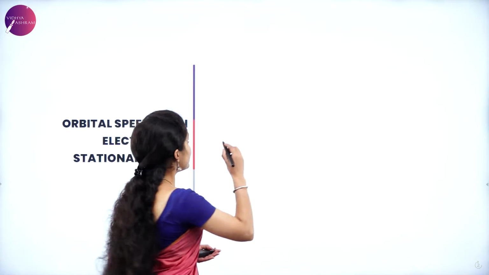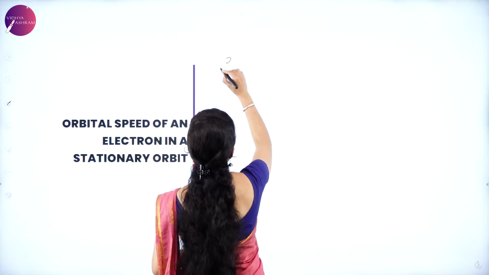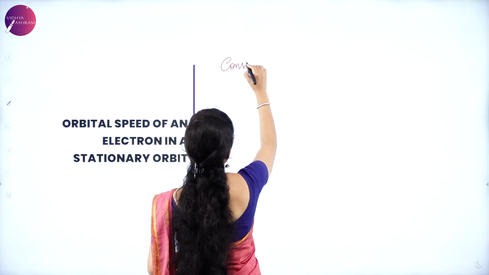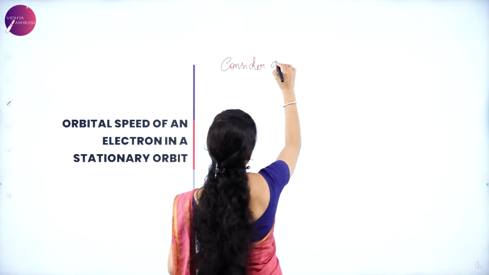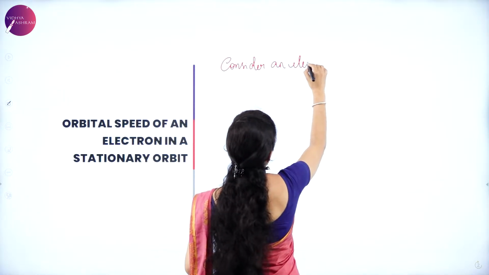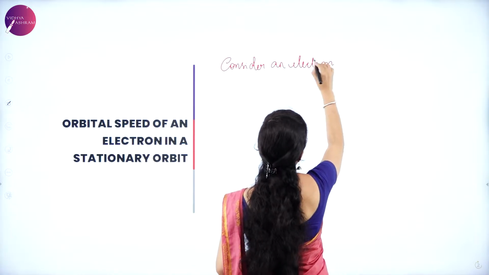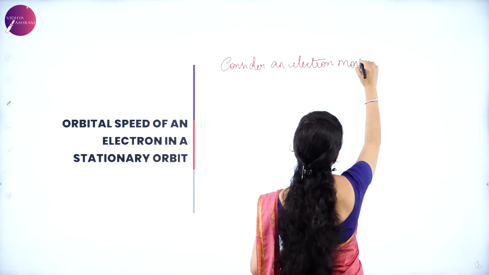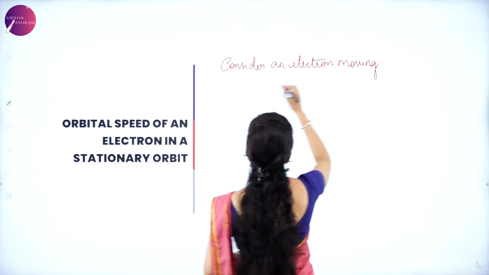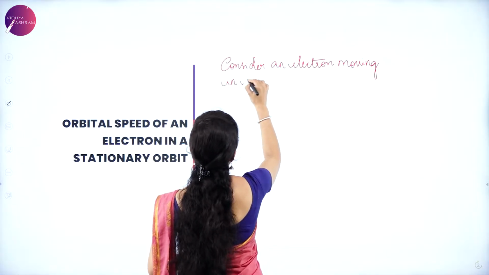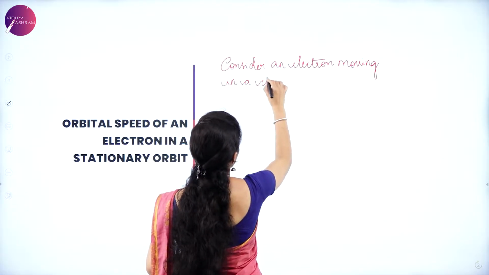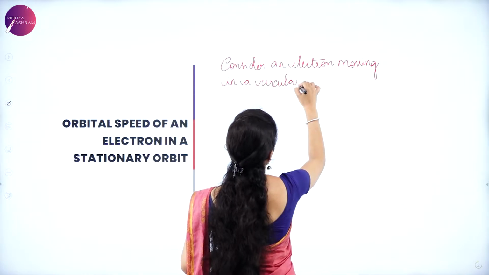So here let us give the initial part, that is, consider an electron which is moving in a circular orbit.